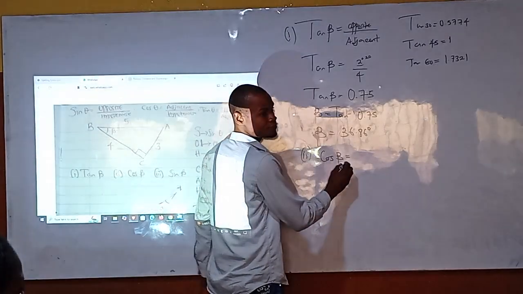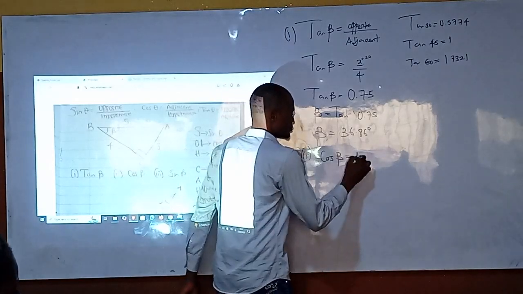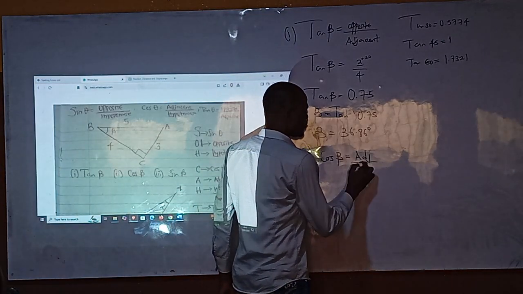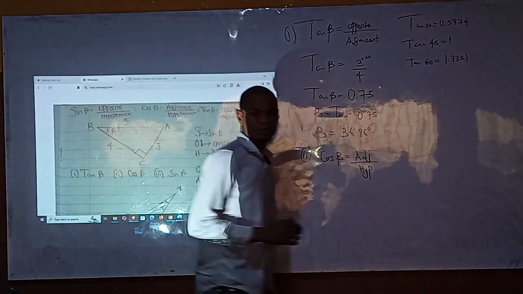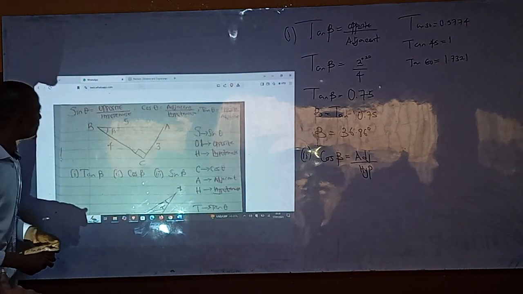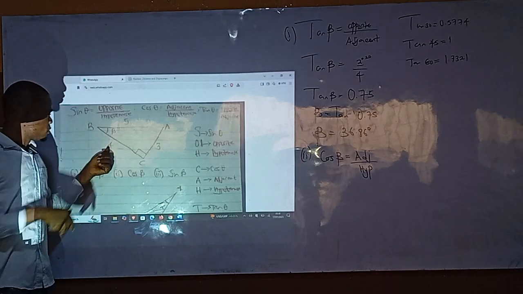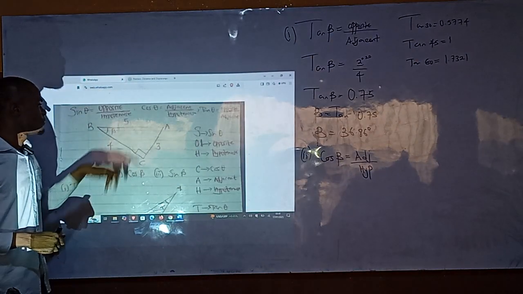Cos beta is what? What's the formula for cos beta? Adjacent over hypotenuse, right? Now, where is the adjacent in your triangle? 4. Where is the hypotenuse? 5.